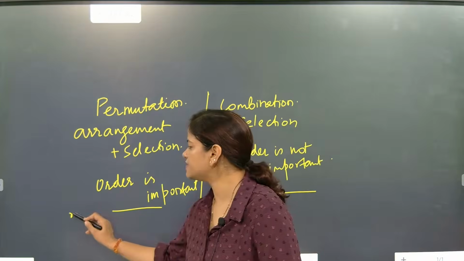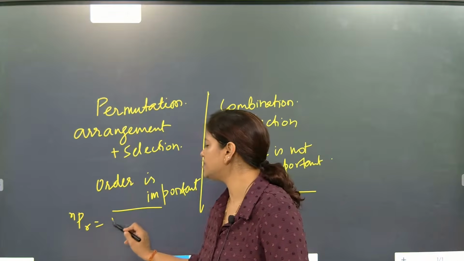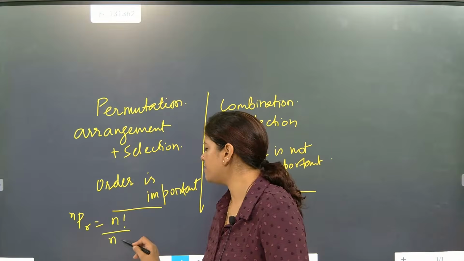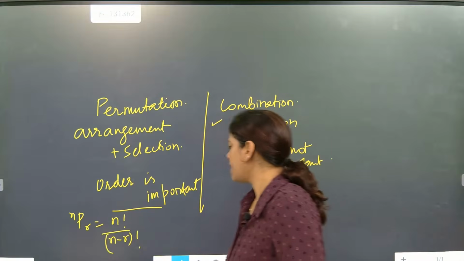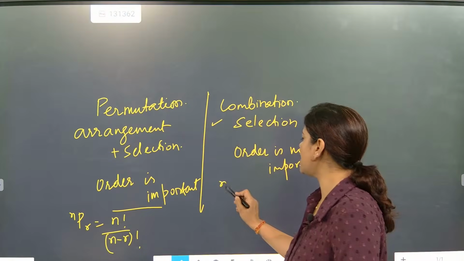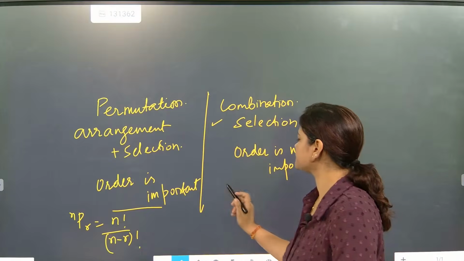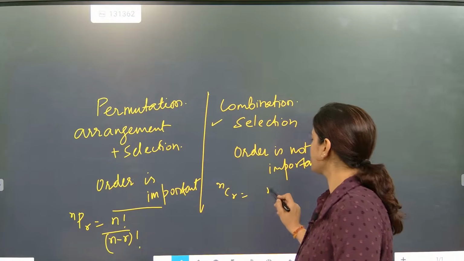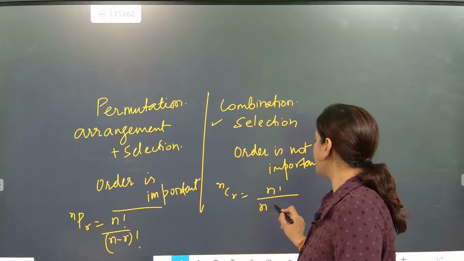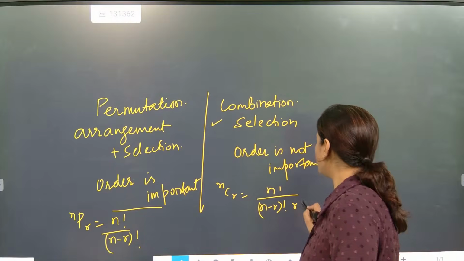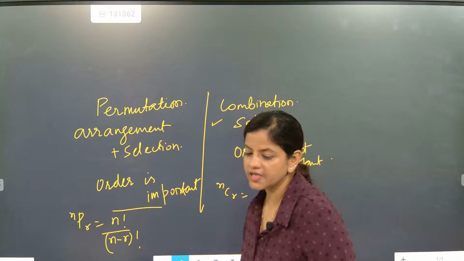This formula is NPR, that is n factorial by n minus r factorial, and here it is NCR, n factorial by n minus r factorial into r factorial. So this is exactly the difference.